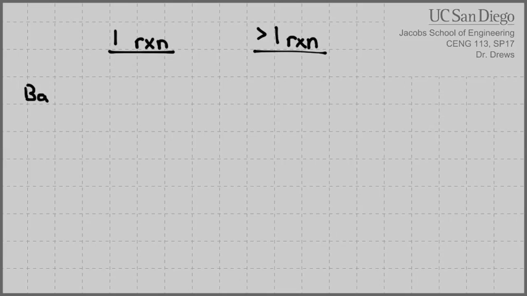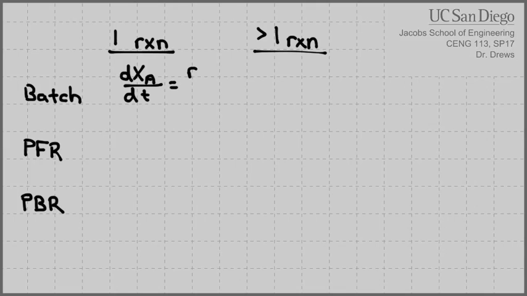We've already seen batch. Now we have two more, which are PFR, which is plug flow reactor, and packed bed reactor. So the batch equation for one reaction looked like dXA/dt equal to r sub A over NA0.